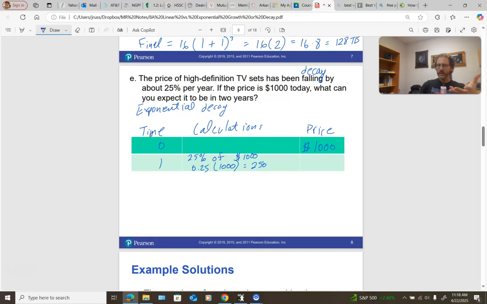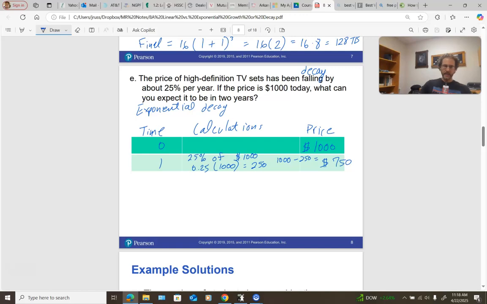Well, it's going to decrease by 250. So 1,000 minus 250 will bring the price down to 750. So over that first year, the price of these TV sets is going to fall down to 750. That's why, when a new technology comes out, unless you're rich, of course, maybe wait just a little bit for the price to come down.